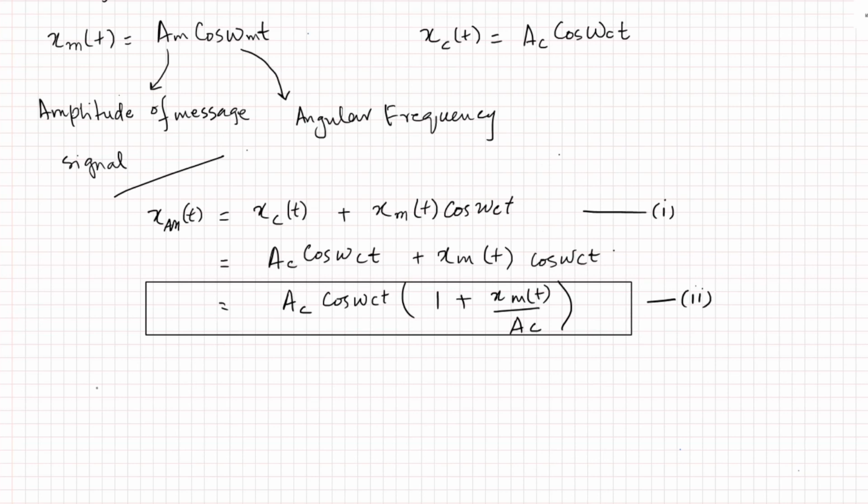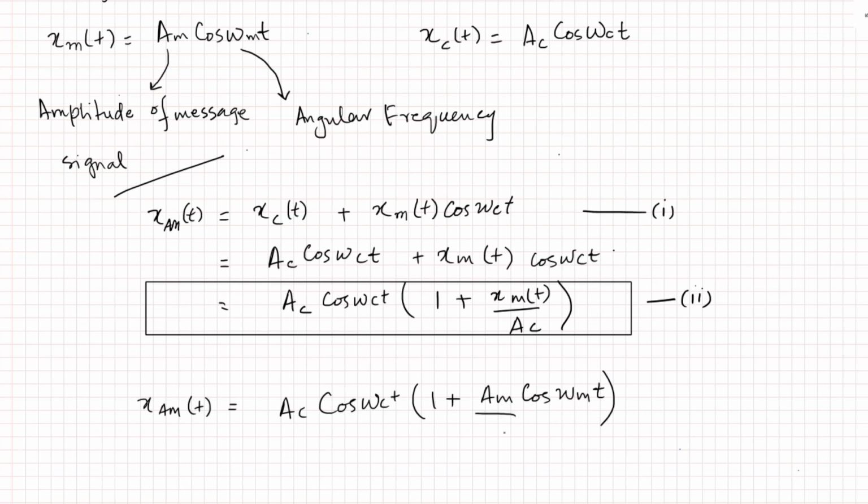Further, we want to expand equation number 2 as x_AM(t) is equal to A_c cos(omega_c t) into 1 plus A_m cos(omega_m t) divided by A_c.